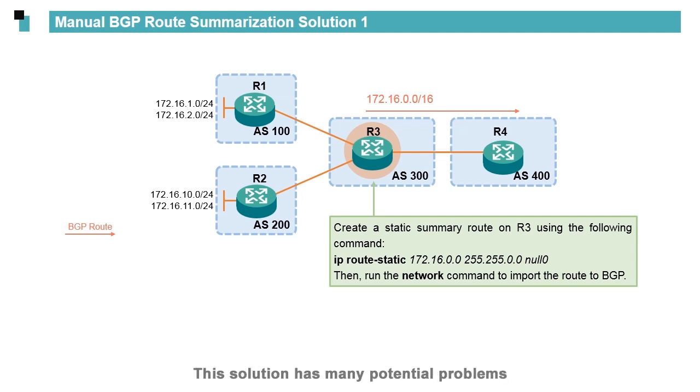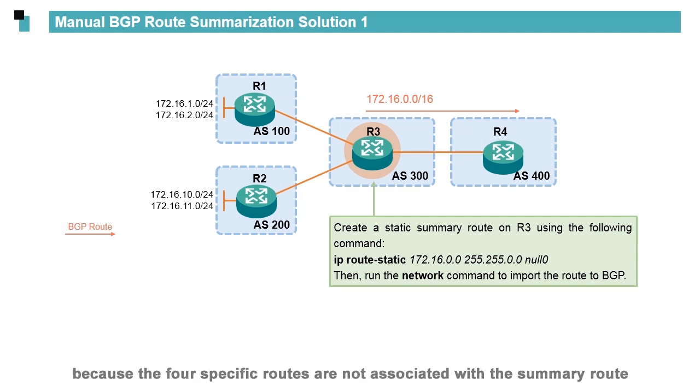This solution has many potential problems. For example, if the four specific routes become unavailable, R3 still sends the summary route to R4 because the four specific routes are not associated with the summary route.